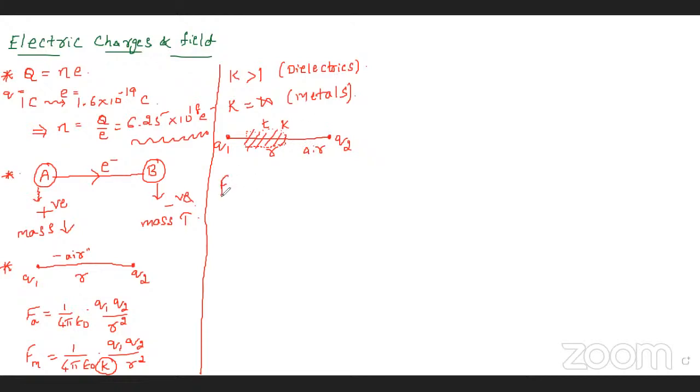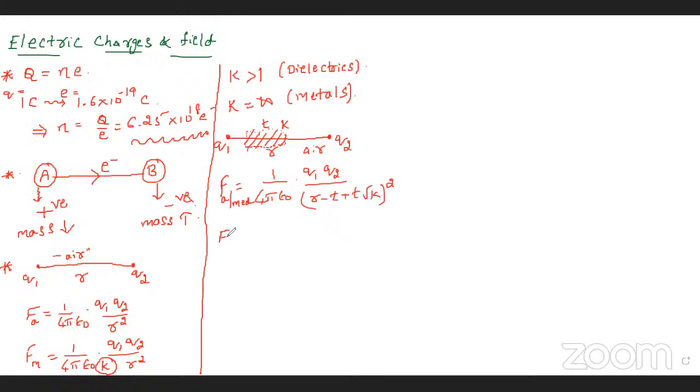In this case, the force is given by 1 by 4 pi epsilon naught into Q1 Q2 divided by R minus T plus T root K whole squared. So this is the force when there is both air medium as well as a medium other than air.